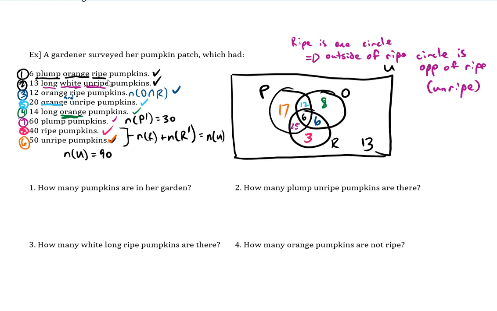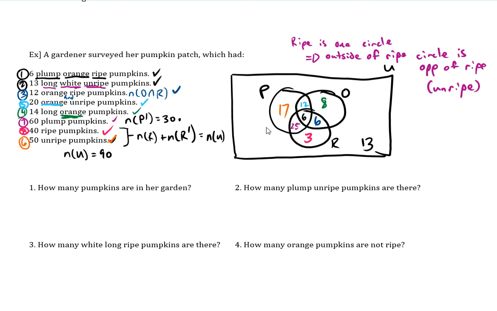This might be useful if none of these helped us along the way, because sometimes you might think you're at a dead end, but there's other hidden information that can help. It can also help us verify something's correct. So the number of not plump pumpkins, or the number of long pumpkins, is the one outside the plump circle.